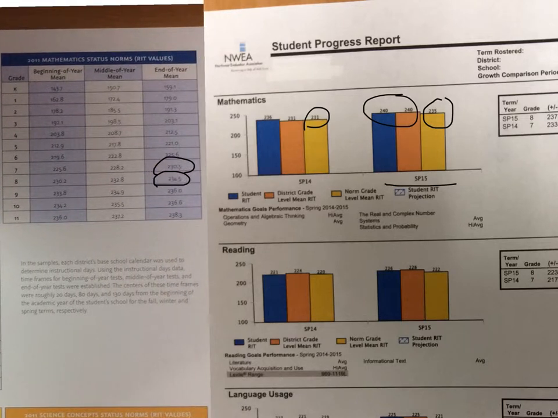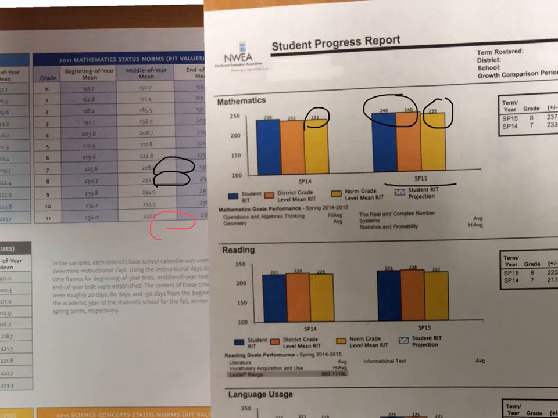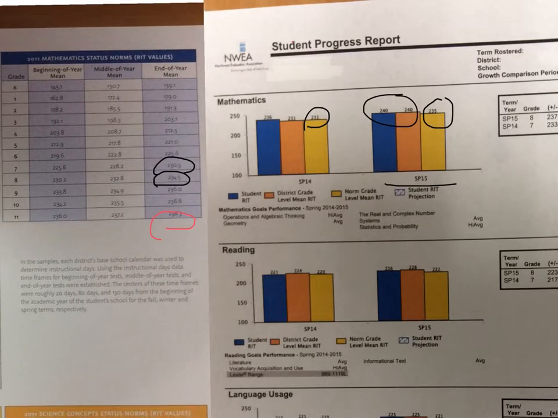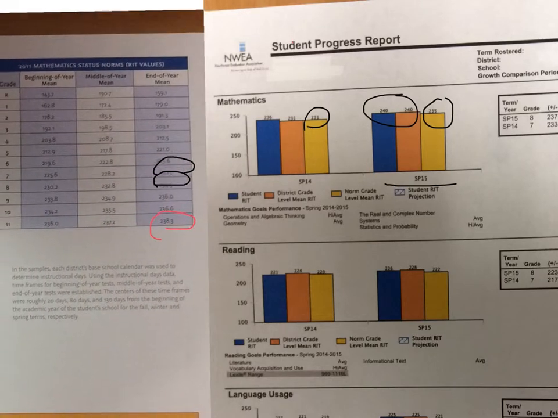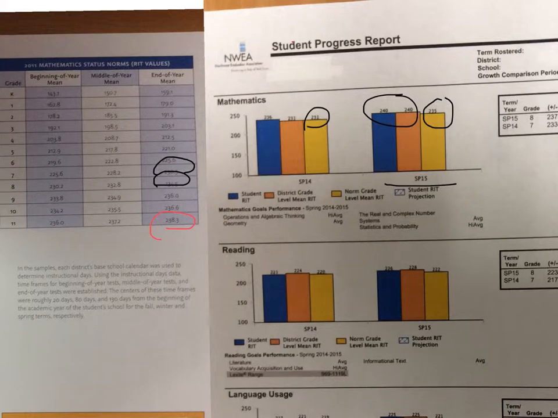So 240 is going to, we're going to look on the chart over here, and we can see by looking at our last number here is 238.3. So our sample student's number was 240. So they are a little higher than that. And that last number, the 238.3, you can see that is 11th grade. You can see right there. So they scored higher than 11th grade.